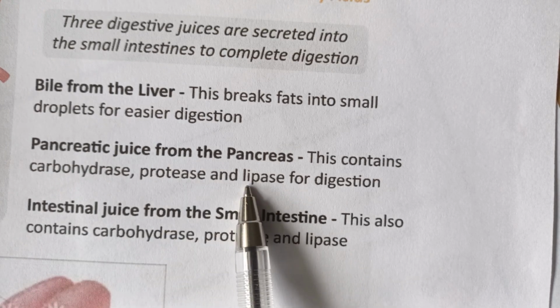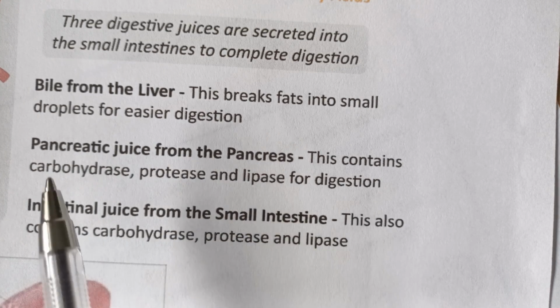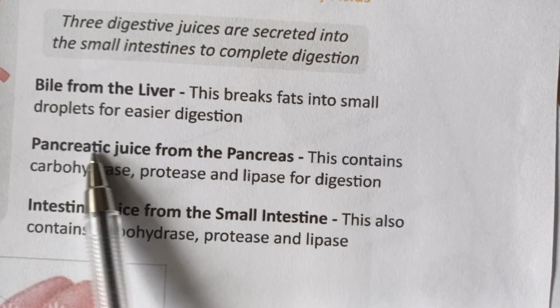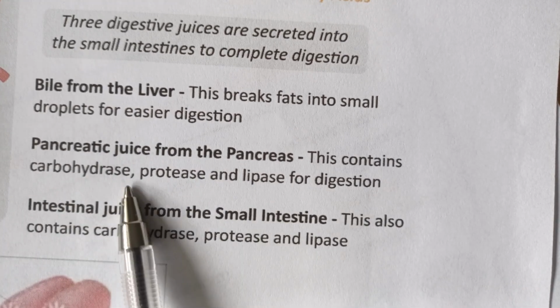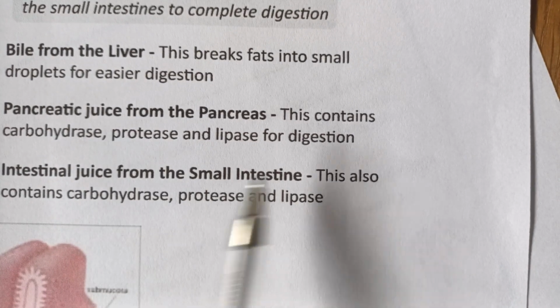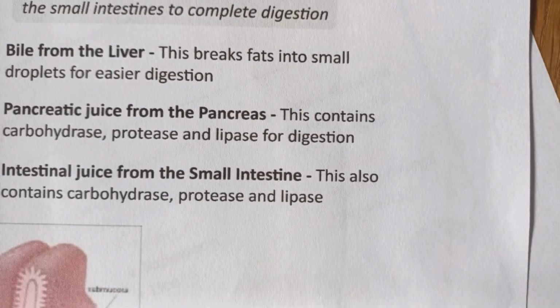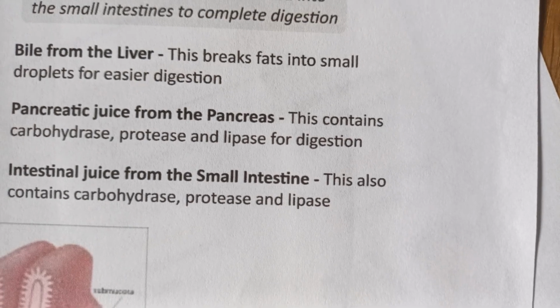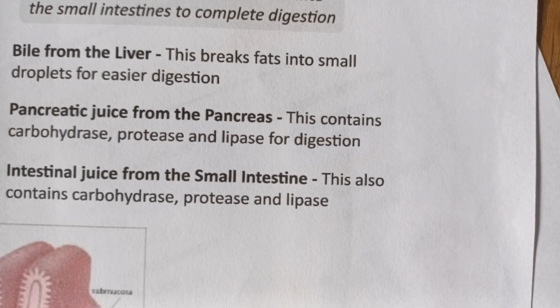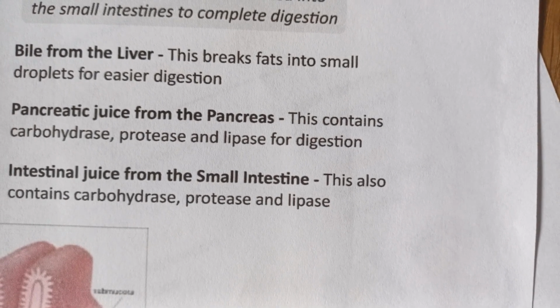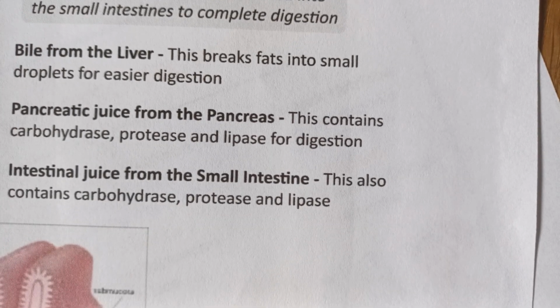Lipase breaks down lipids. So these are enzymes from pancreatic juice. And then you have intestinal juice from the small intestine. This also contains carbohydrase, protease, and lipase. So very important in digestion of all three major food components, that is proteins, carbohydrates, and fats.